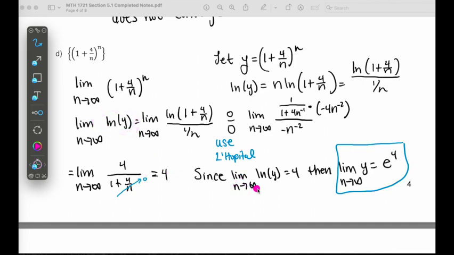Since the limit as n approaches infinity of the natural log of y is 4, then we know that the limit as n approaches infinity of y, which is how we define this, has got to be e to the 4th. So my limit of this sequence right here, after some major manipulations, is e to the 4th, and so we know that this sequence converges.